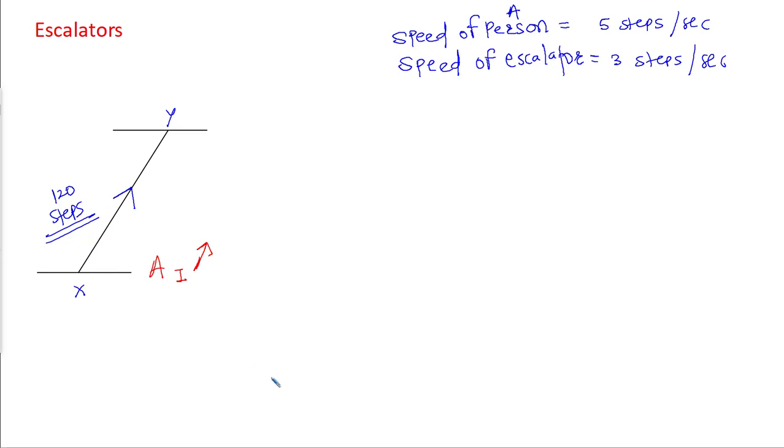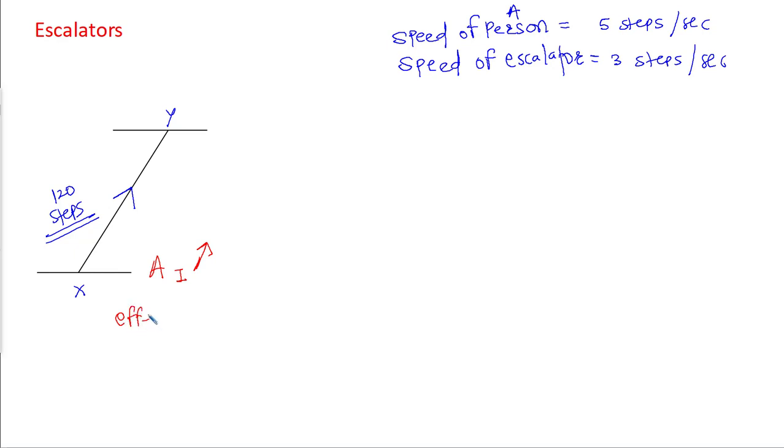So if A wants to travel from floor X to floor Y, and the escalator is also traveling from floor X to floor Y, in this situation the effective speed of A is going to be how much? Let's calculate that.